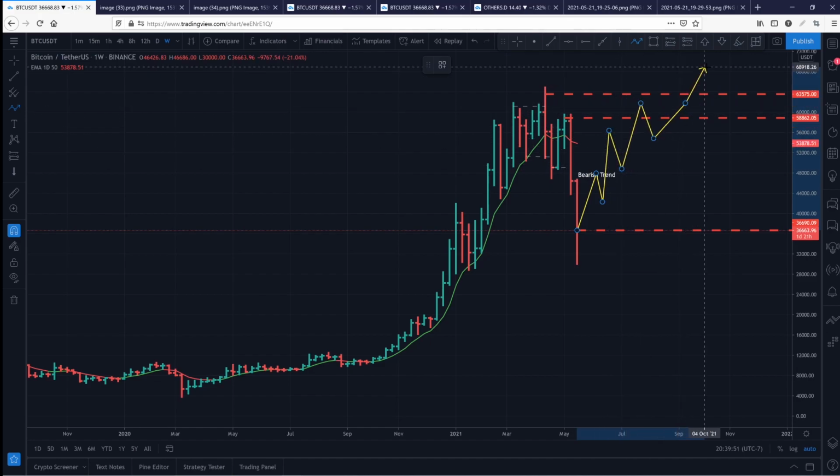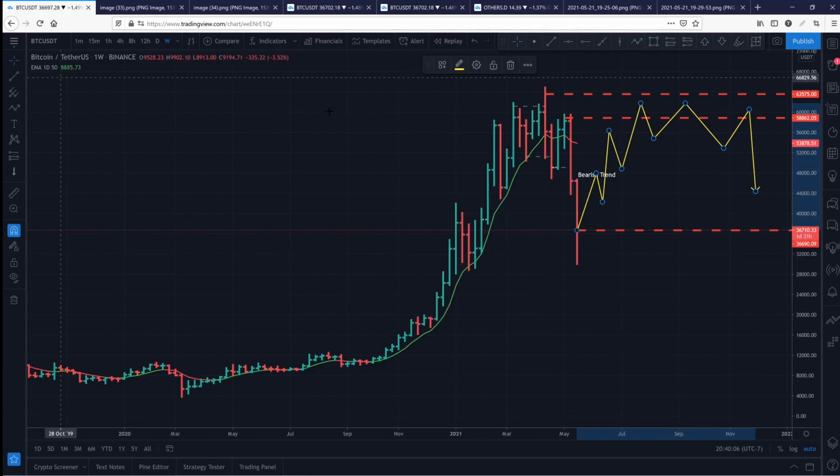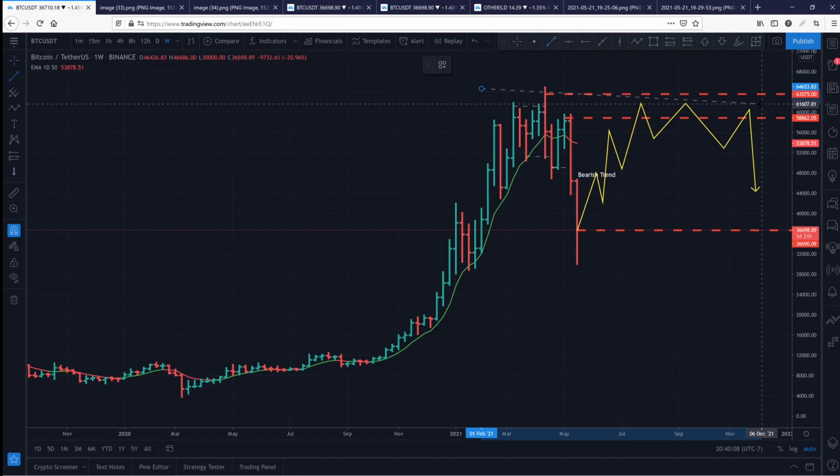If we don't end up crossing above and closing above this previous structure high right there before the downtrend starts, then at this point we'll have set a double top. We'll have had a macro higher high and a macro lower high, and we'll be starting this descending trend line.